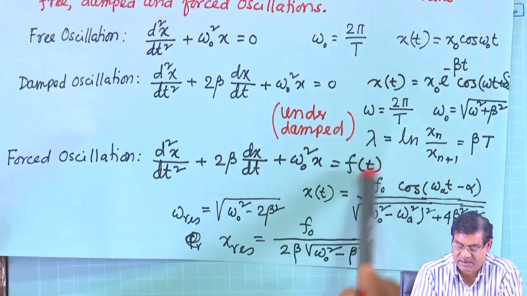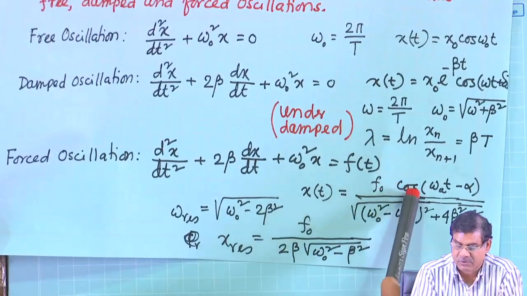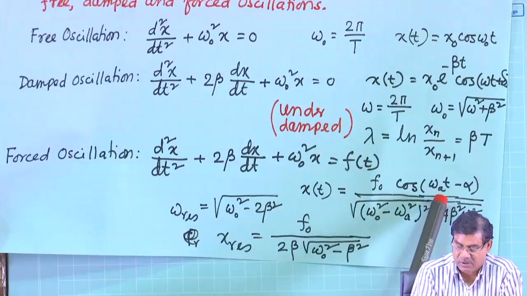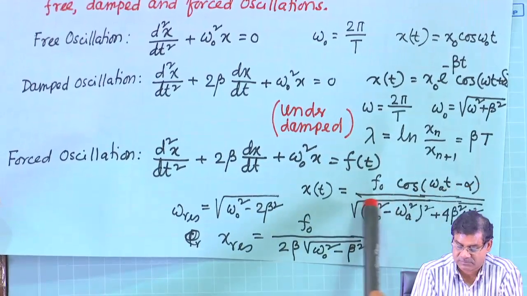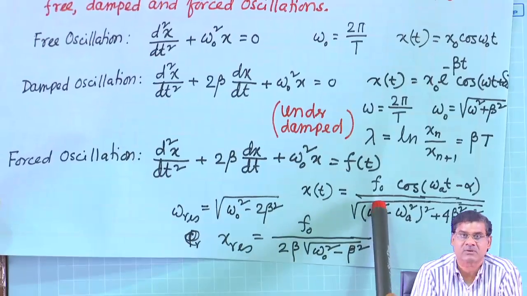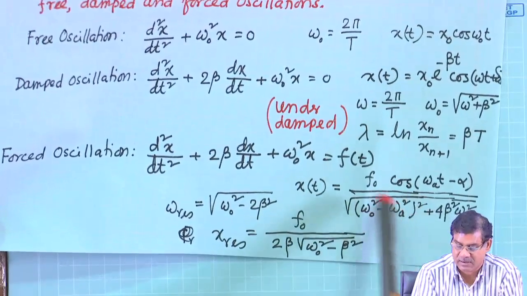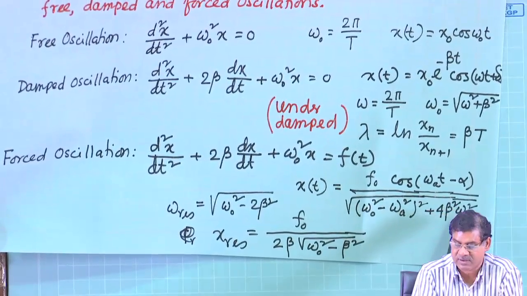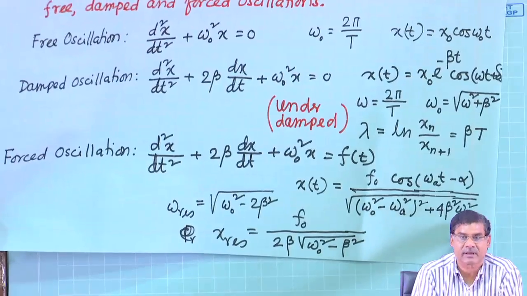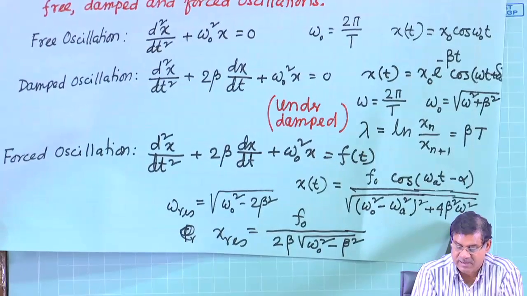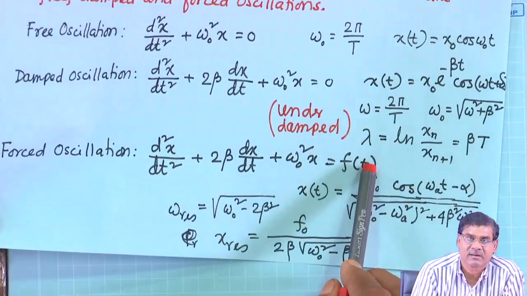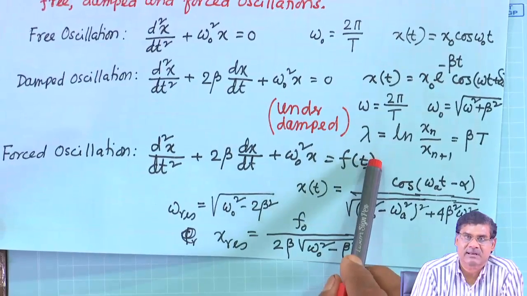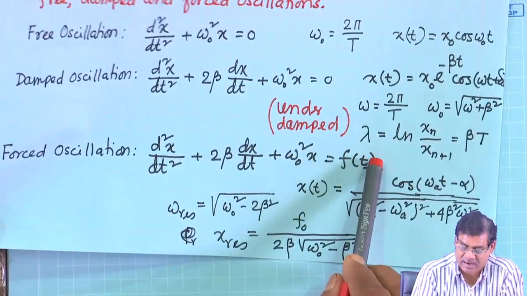And the displacement x as a function of t is f0 cos omega a t minus alpha, divided by square root of omega 0 square minus omega a square whole square plus 4 beta square omega a square. Okay. What is omega a? It is the frequency of the applied periodic force.